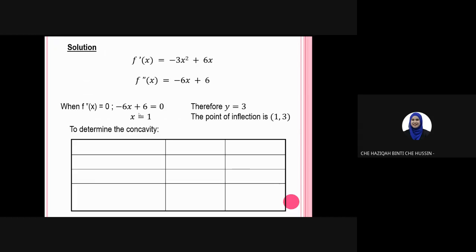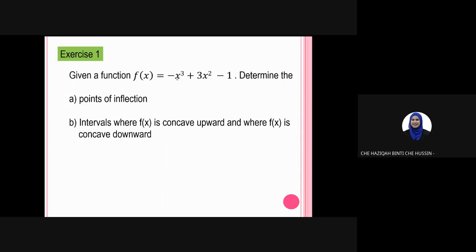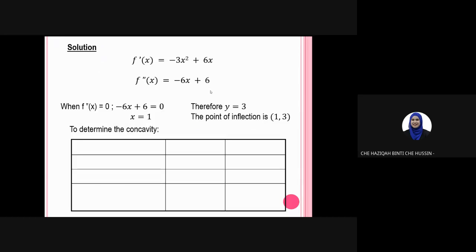To find the inflection point, we need to let f''(x) equal to 0. So negative 6x plus 6 equal to 0, and then we get x equal to 1. We need to substitute into negative x cubed plus 3x squared minus 1 to get the value of y. Negative 1 cubed plus 3 times 1 squared minus 1.